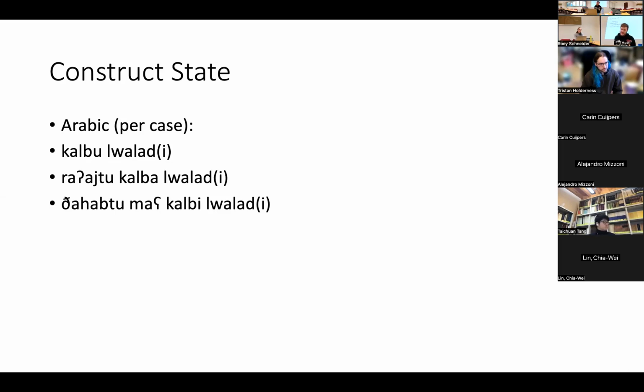Ra'aytu kalbal waladi, I saw the dog of the boy. Dhahabtu ma'a kalbil waladi, I walked with the boy's dog, the dog of the boy. So the construct state can be with the nominative suffix, the accusative suffix or the genitive suffix, and it is dictated only by its syntactic function.